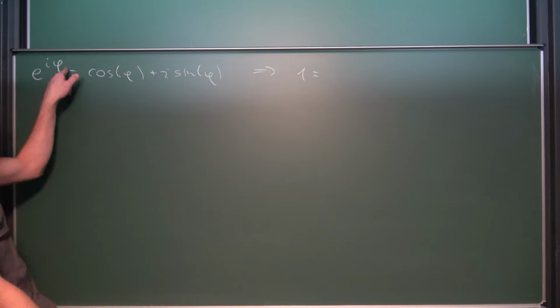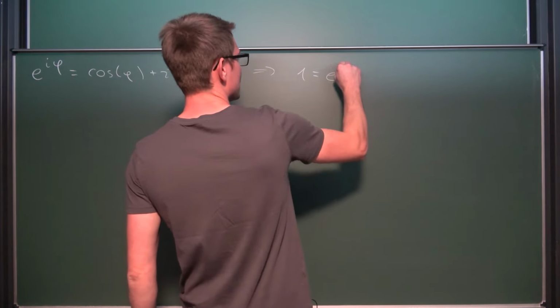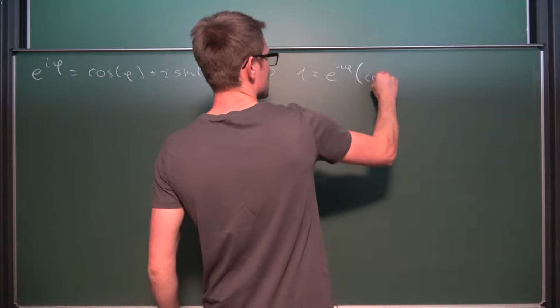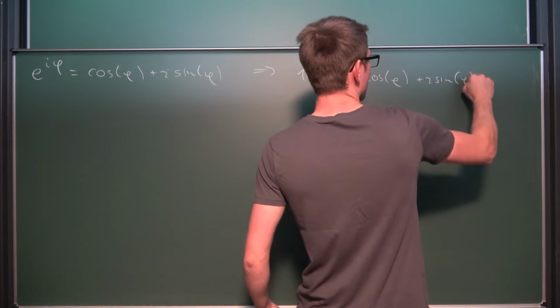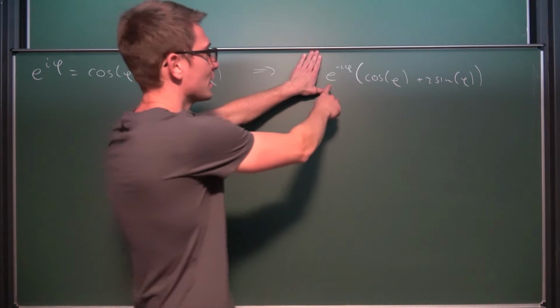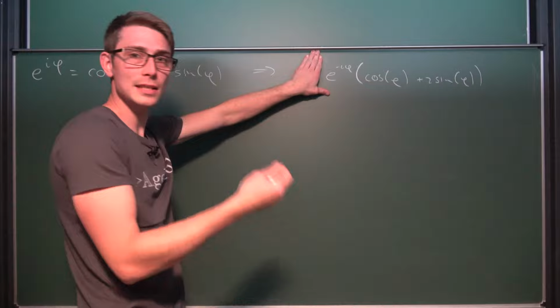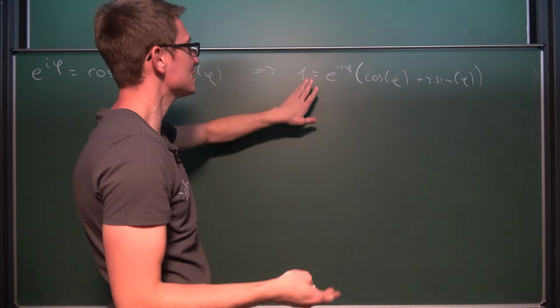So if we have a divided by a, we are going to get 1 out, obviously, is equal to e to the negative i phi times the cosine of phi plus i times the sine of phi. And what we want to do for this proof is show that this function right here with respect to phi is indeed a constant, and then show that the constant is equal to 1.